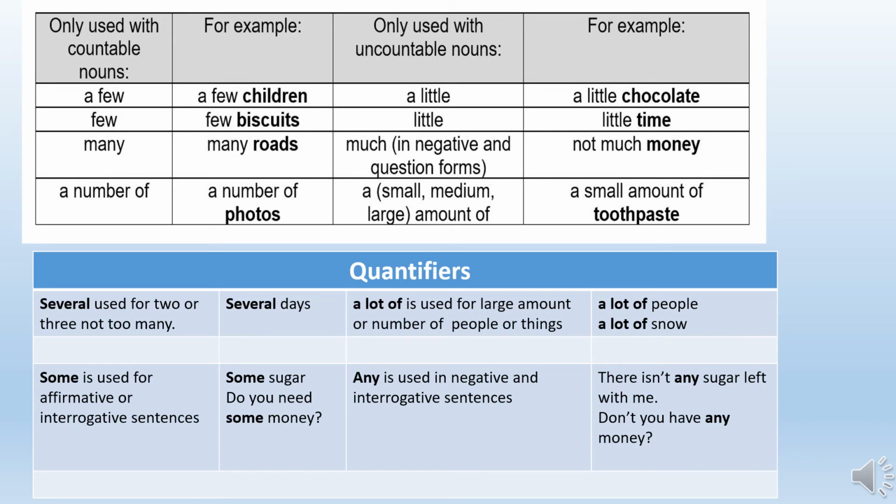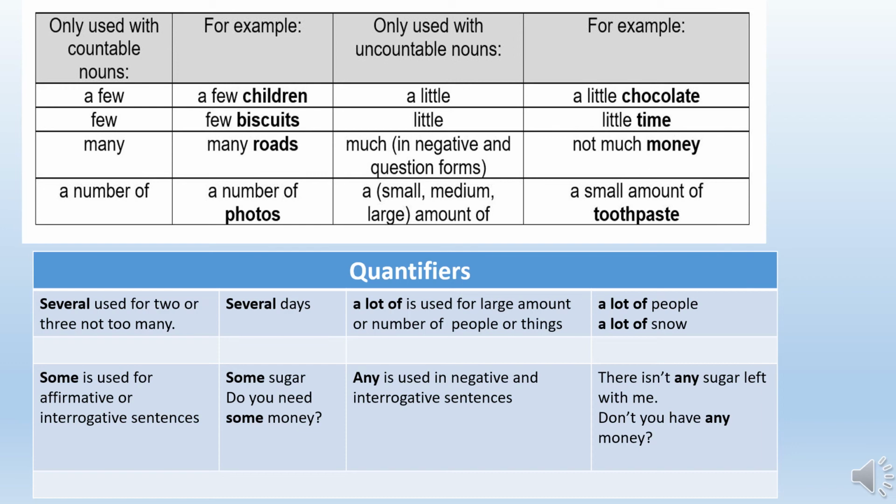Then some you have to use with affirmative or interrogative sentences. Affirmative means positive sentence. Give me some sugar. Do you need some money? Now a little, much, amount of, a lot of, and any can be used with uncountable nouns. A little chocolate, little time.